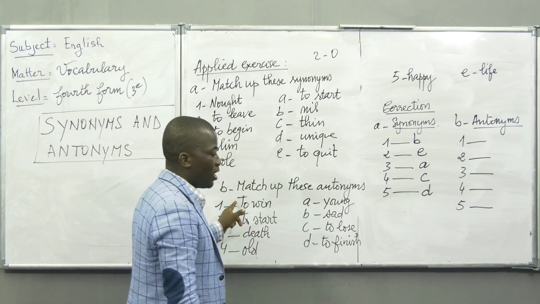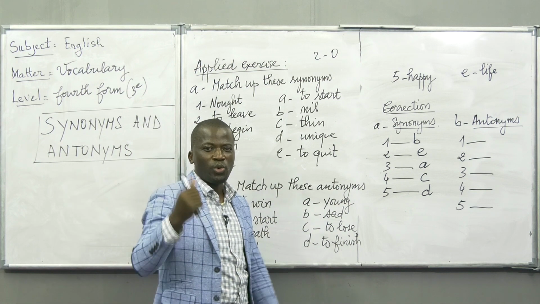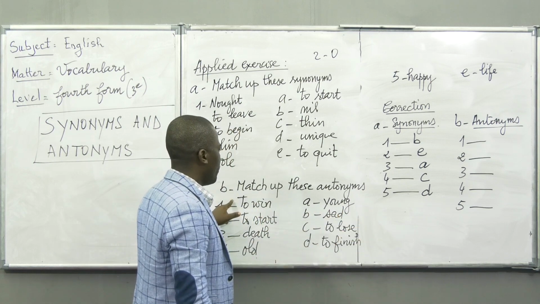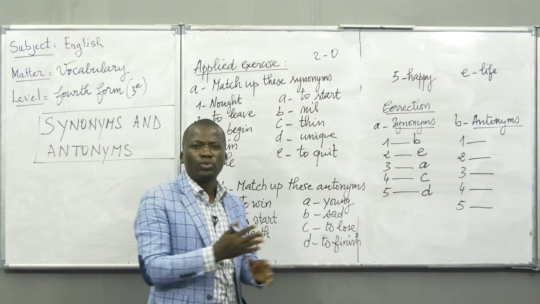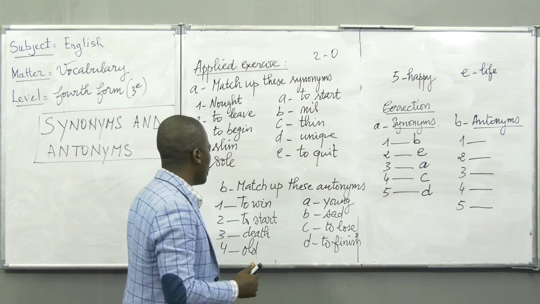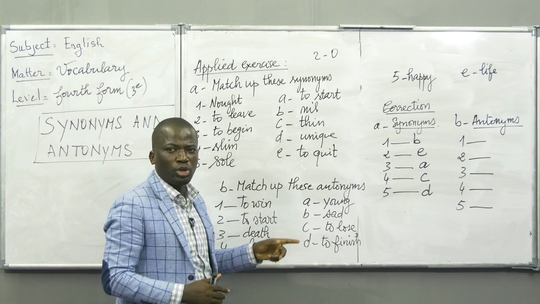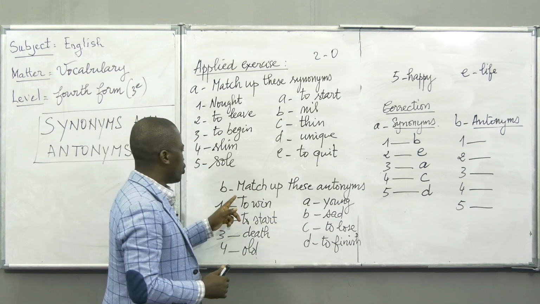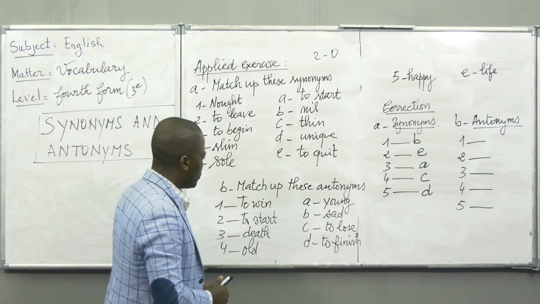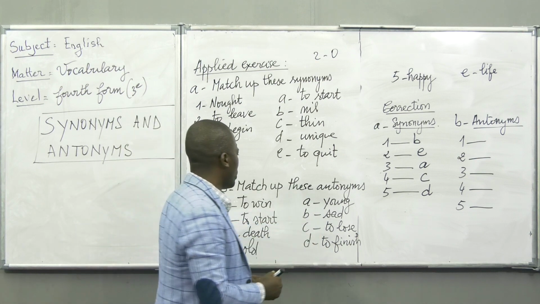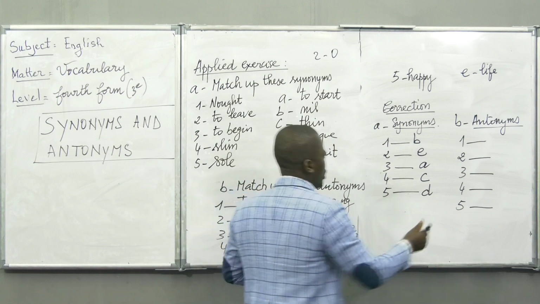To win, as Mr. Elenga, remember, he won a lot of money with the lottery. To win. Now what is the contrary of to win? Try to see. It's a verb. The contrary must also be a verb. Then to win, try to see. Good. To lose. Then 1 goes with C.